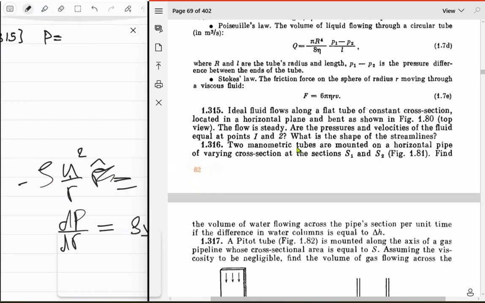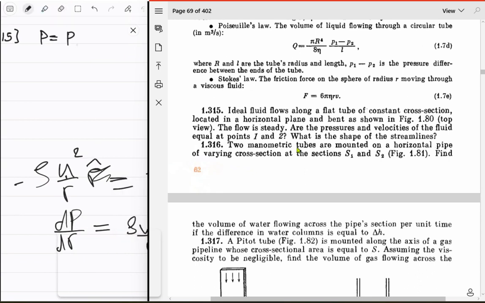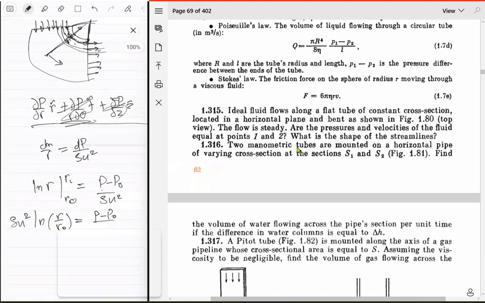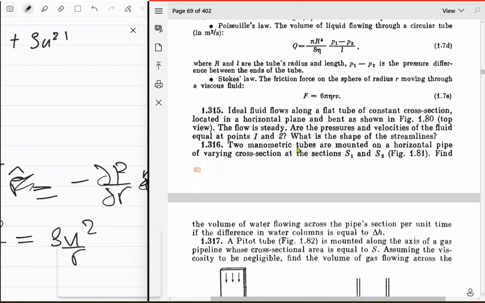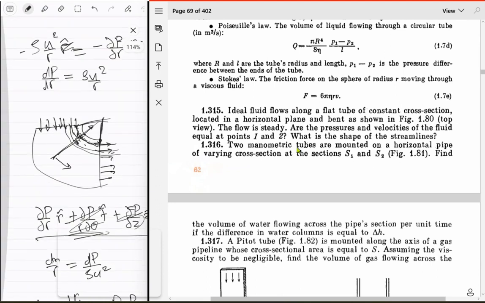So just P equal to P initial plus rho u squared natural log of R upon R initial. That looks cool. Okay, next question, and u is same everywhere.